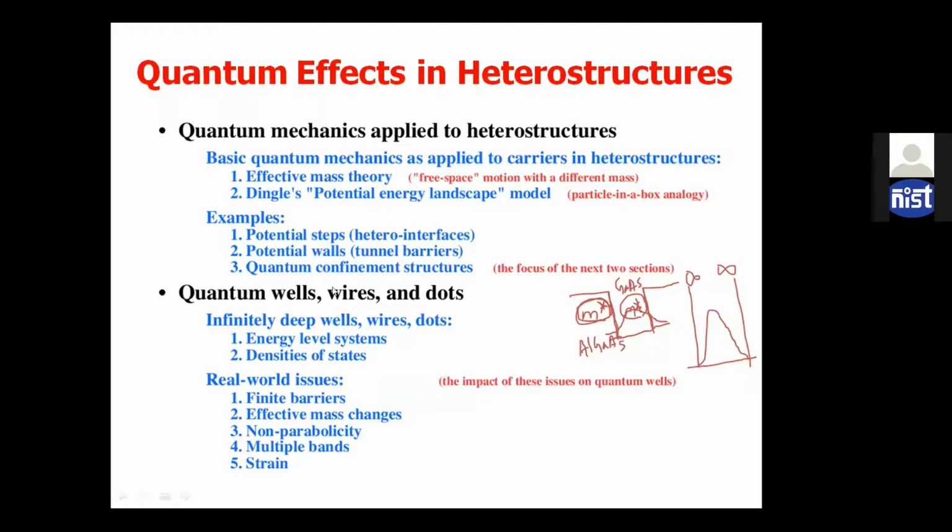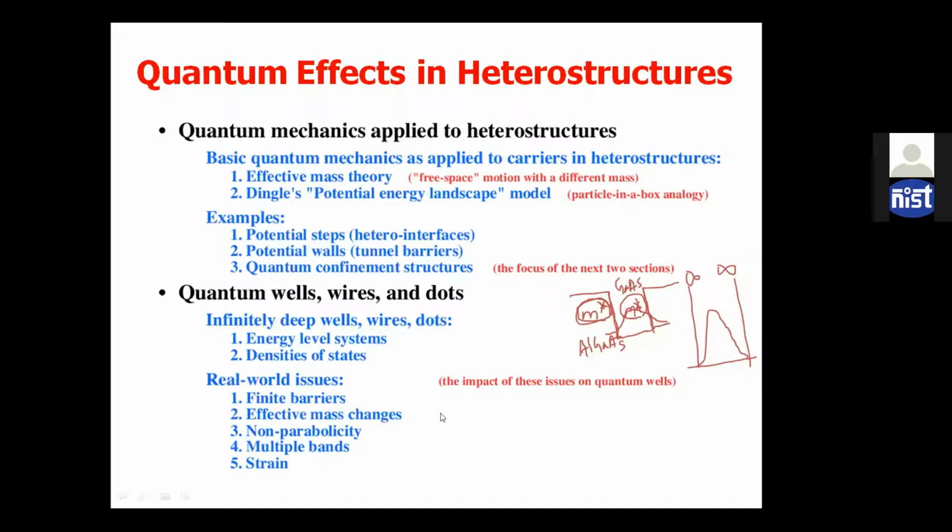And also we can go for these low dimensional systems like 2D, 1D, and 0D, that give you the quantum well, wires, and dots, and their energy level systems, and we can find out the density of states. So in the real world, the issue is finite barriers. Normally for theory we read infinite barrier, but for real life applications we take the finite barrier.